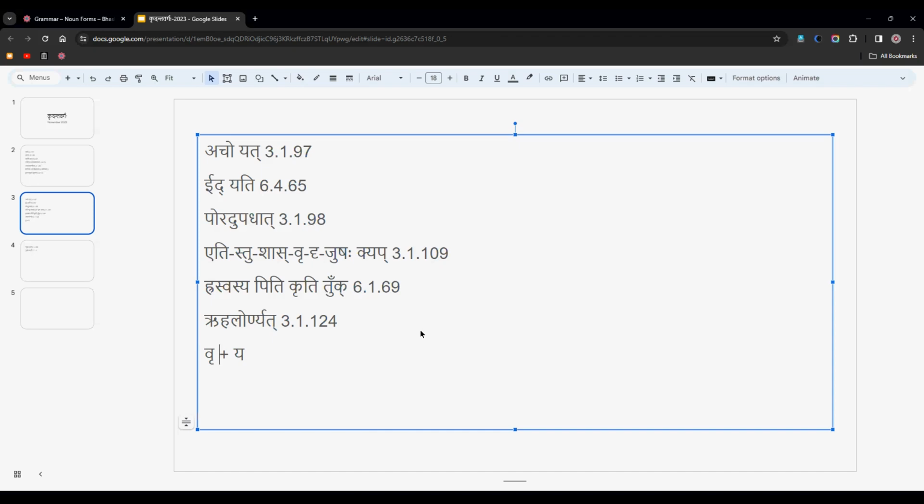There is a ru dhatu, but if you look at the Dhatu Patha, the collection of dhatus originally, there is a dhatu runya, actually runya. It is like this, runya plus ya, but ya goes away in the pre-processing. This pre-processing of the dhatu takes place before it comes into this step. So ru plus ya. In this case also, rasvasya piti kruti tuk comes into the picture. Why?